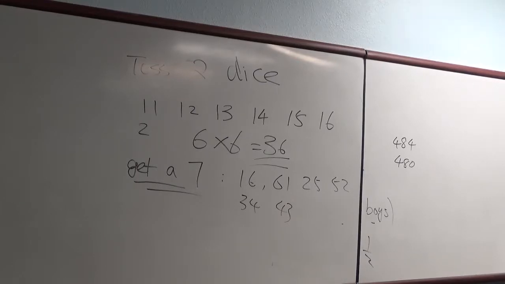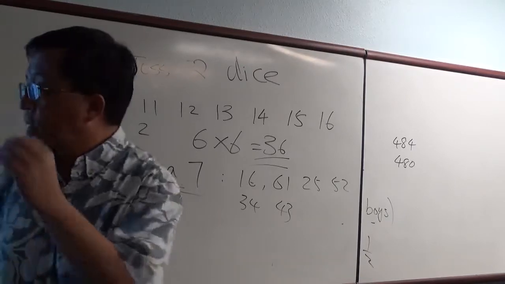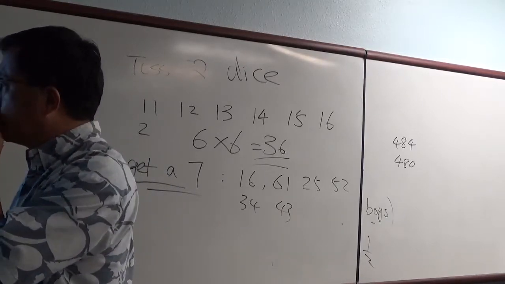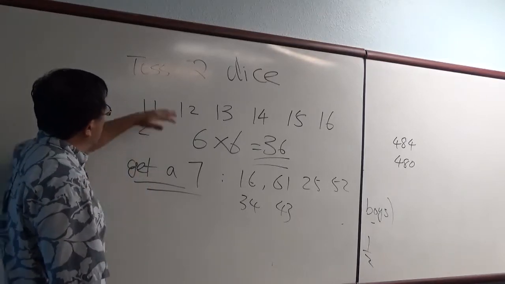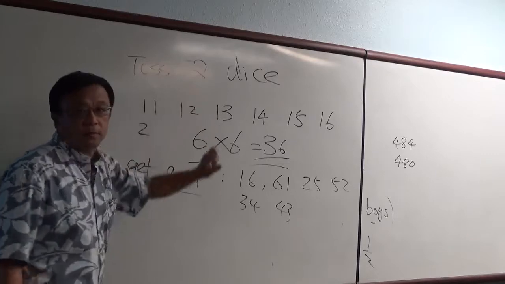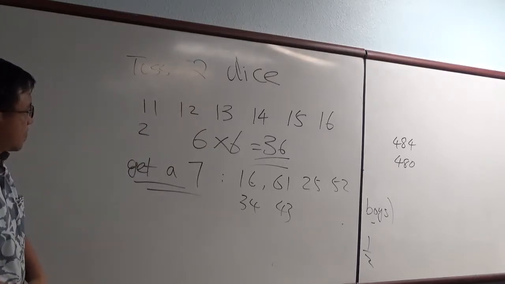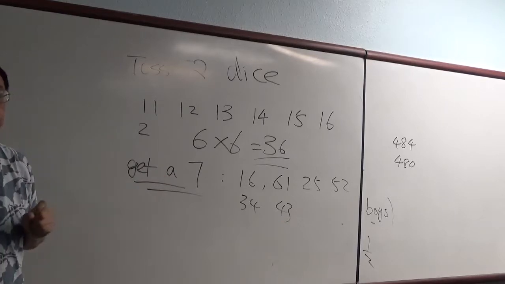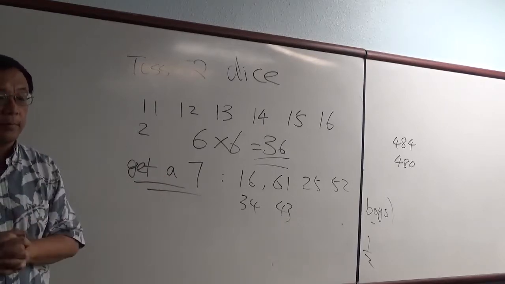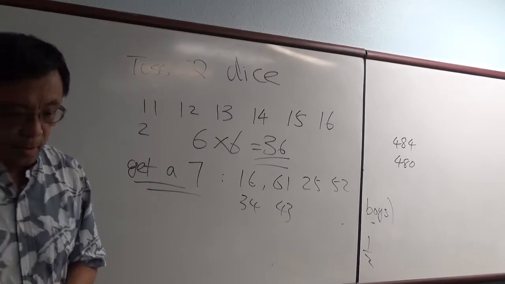So that's the number of outcomes in the event divided by the sample space. So in our example, if we toss 2 dice, what's the probability of getting a 7? The combined number is 7. 7 over 36?